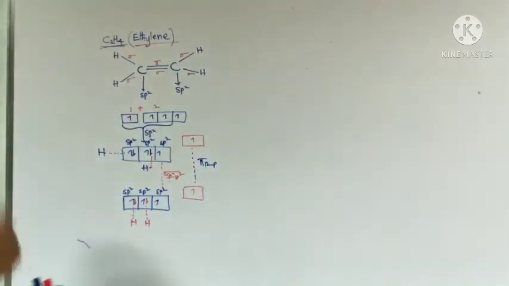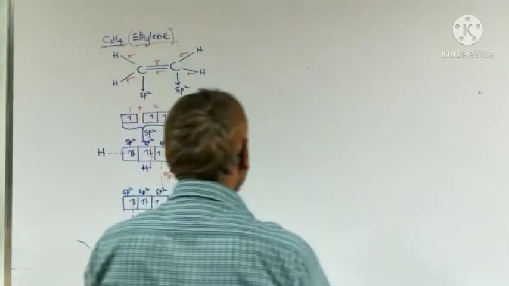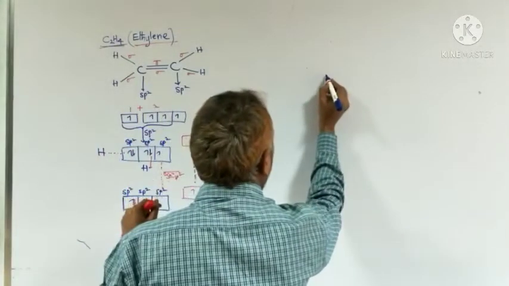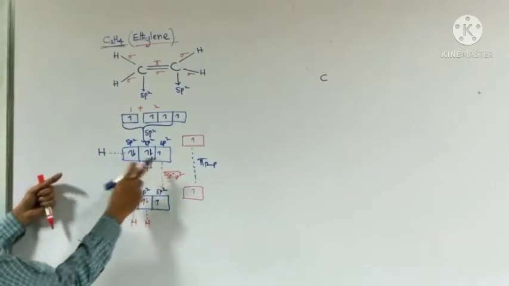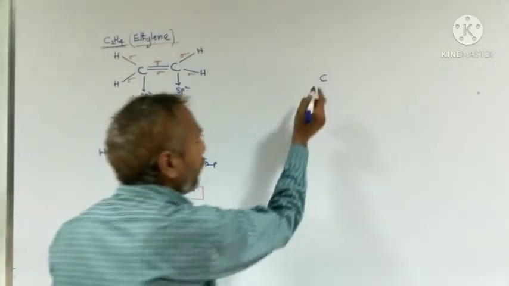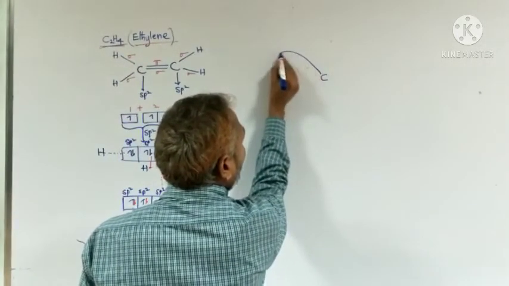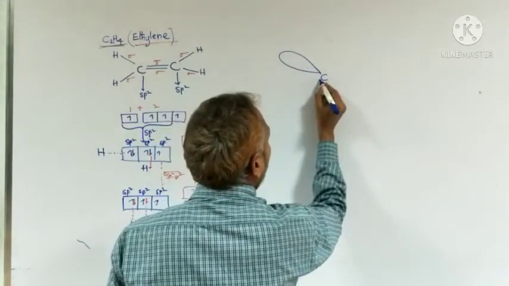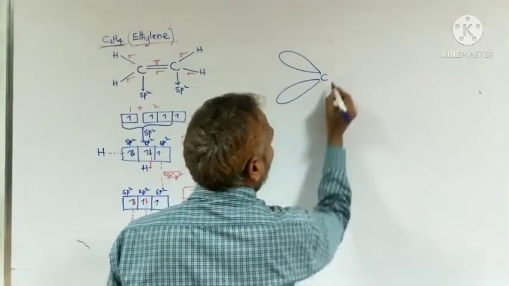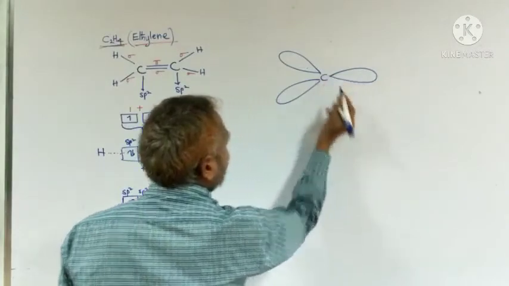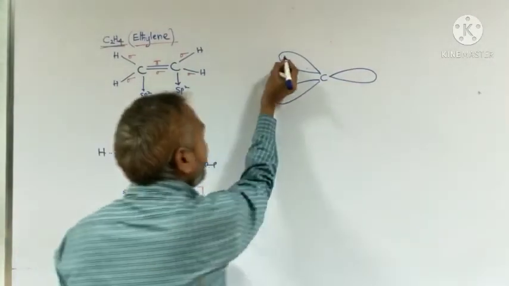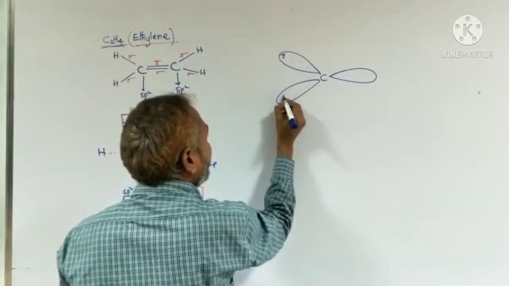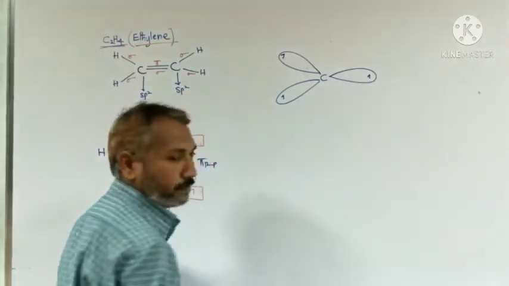Now the orbital orientation. C1 carbon, how many hybrid orbitals are there? 1, 2, 3. 3 hybrid orbitals, each containing 1 electron.